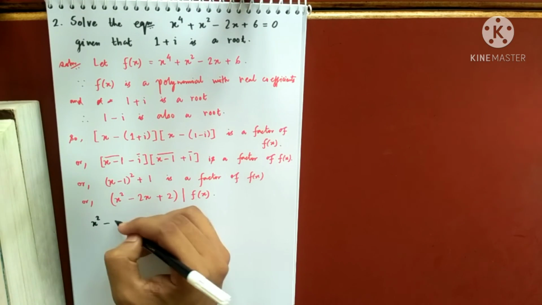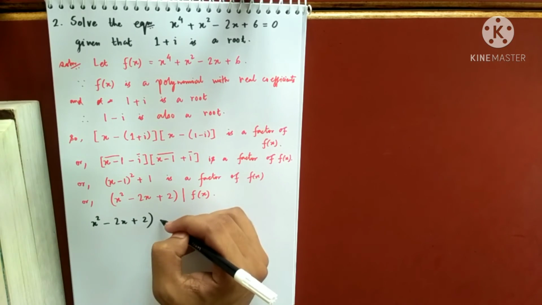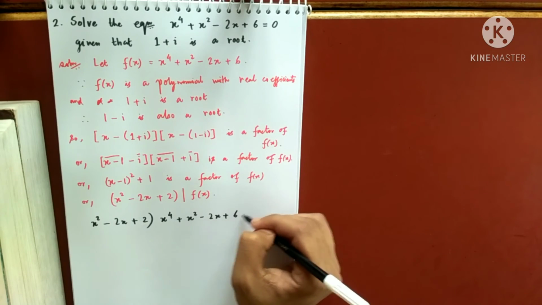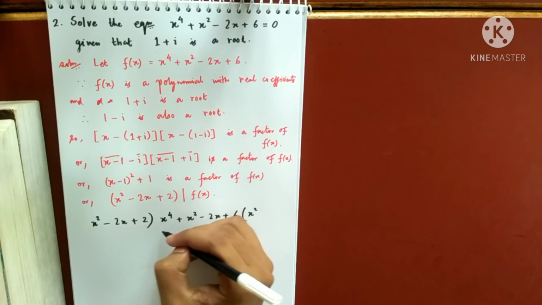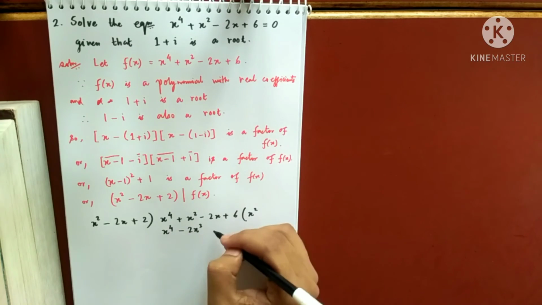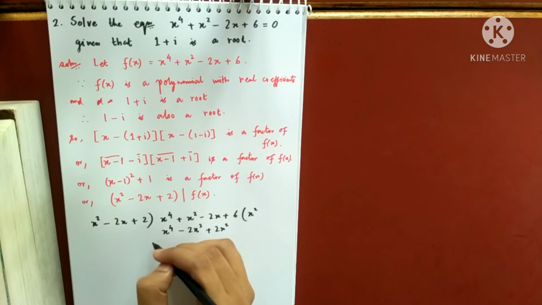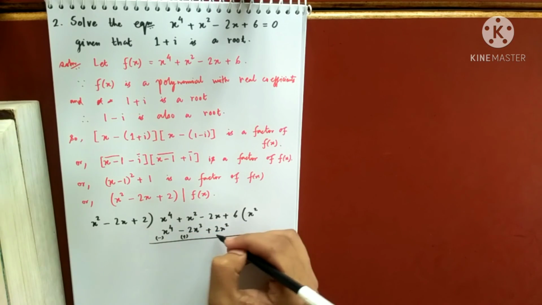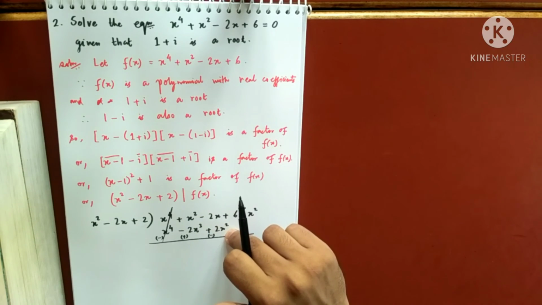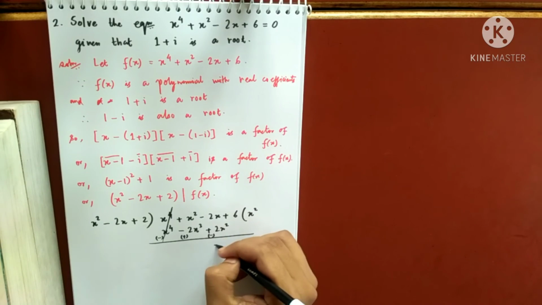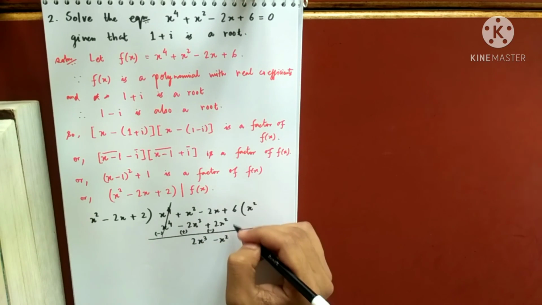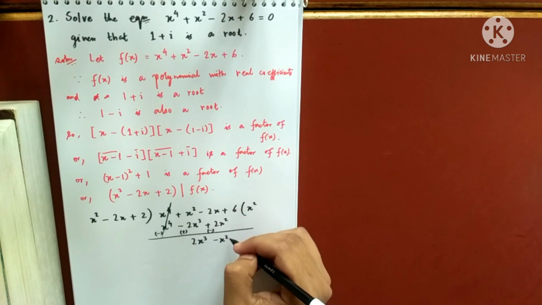Firstly it will be x square. So this will be x to the power 4 minus 2x cube plus 2x square. Minus plus minus, this got cancelled. Now see here, x square minus 2x square is minus x square, and this is alone, so this is 2x cube, and this is also remaining, minus 2x.